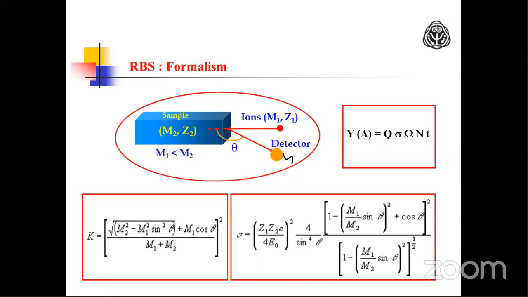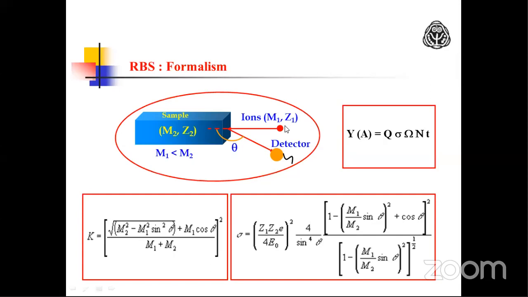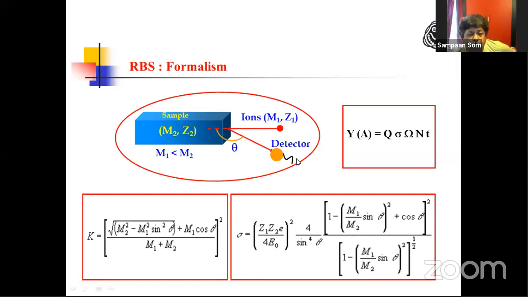We have an incident ion with mass M1 and atomic number Z1, and it is falling on a target material having mass M2 and atomic number Z2. M1 has to be less than M2. If M1 becomes greater than M2, then we cannot consider RBS anymore. We have to take help of ERDA measurements. So this is the fundamental thing.